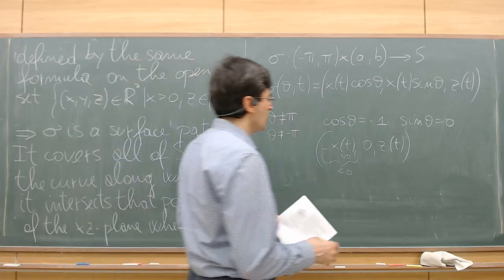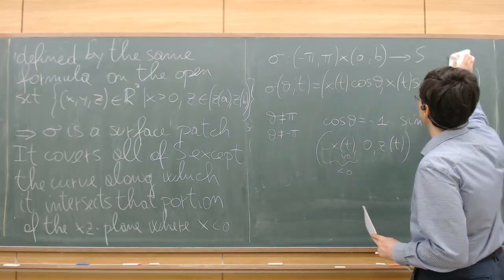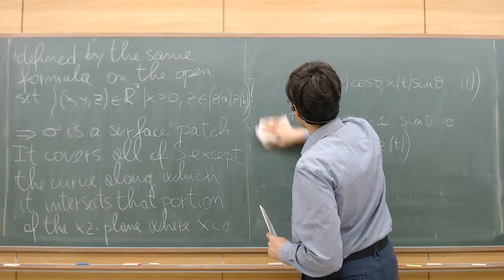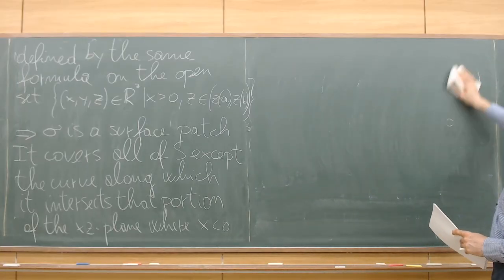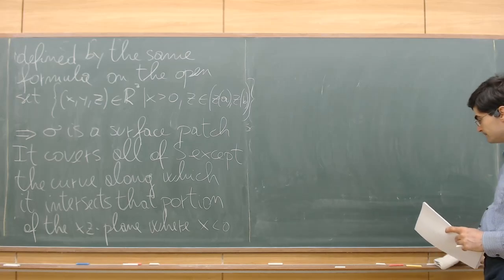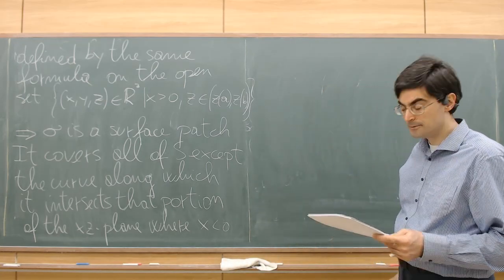So in order to cover the points which are missed by this map, we use the same idea as the one in the example of the cylinder.